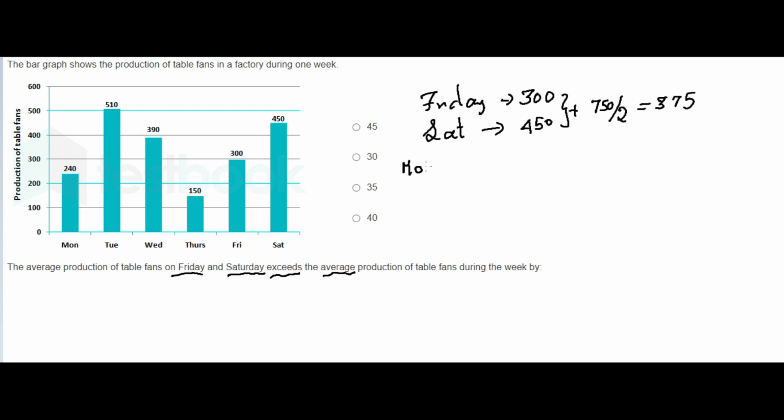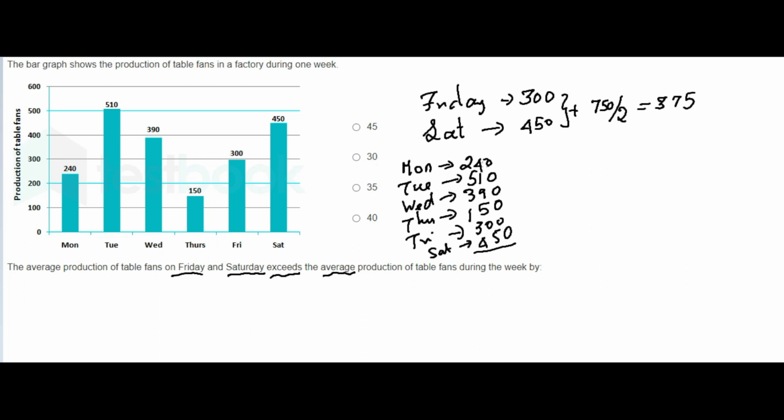Okay, and now you take all the days. Monday is 240, and afterwards Tuesday is about 510 table fans, and Wednesday is about 390, and Thursday is about 150, and Friday is about 300, and Saturday is about 450.